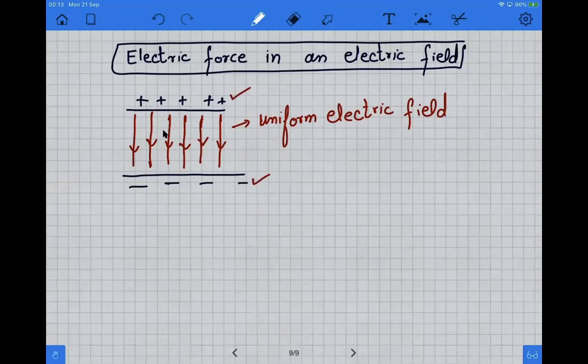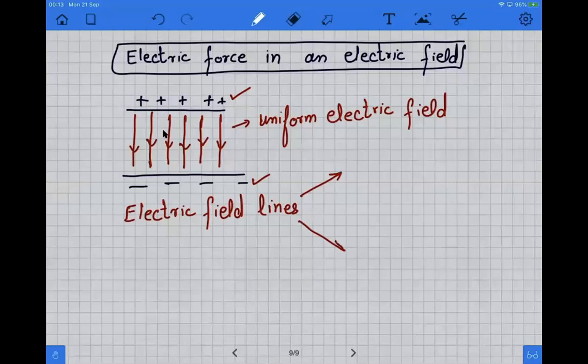And electric field lines, what do they represent? Electric field lines represent two things, and you must know that. The first thing that they represent is the direction of the electric field, that is the arrowhead basically.